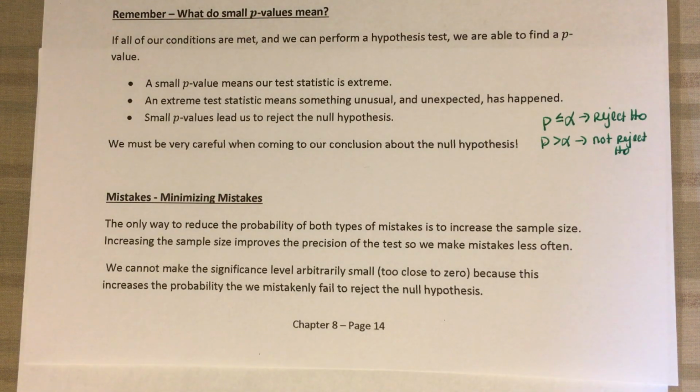We saw that sample size played a big role in precision back in chapter 7 when we were comparing different simulations. We cannot make our significance level too small. We like to use 5%, sometimes 1% or 10%, because if we make our significance level too small, we could possibly create another type of mistake.